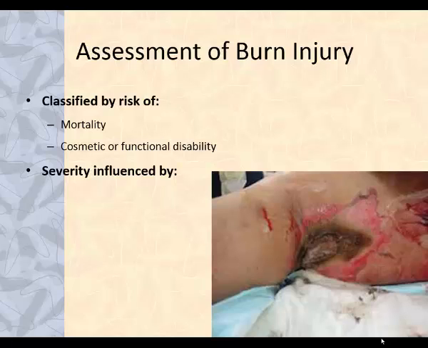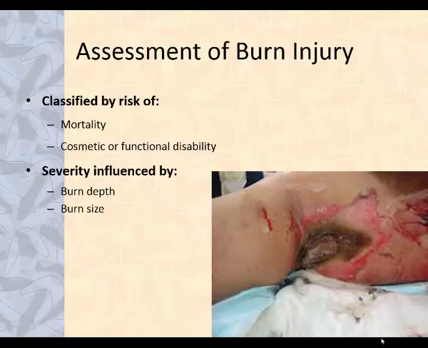Assessment of the burn injury is classified by the risk of mortality or cosmetic or functional disability. The severity is influenced by burn depth, so deep, partial, and full thickness have increased risk of infection, more severe systemic effects, and increased risk of scarring and skin contractures, so they're given higher priority.